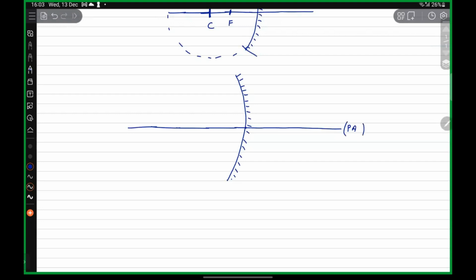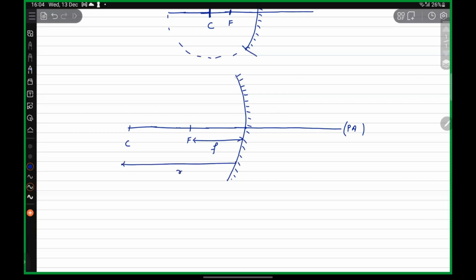This point is known as the optical center. I'll not draw it because it'll come in the place where I need to draw something else. Now, this will be the focus, as I already said, and this will be, let's say, the center of curvature. Now, I just need to prove that the focal length is half of the radius of curvature. So this is R. This is F, right?